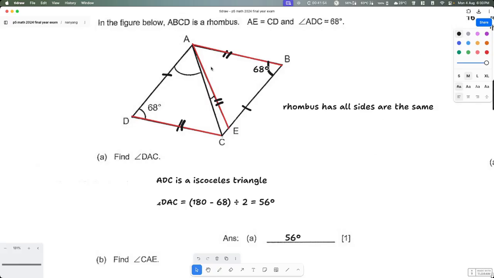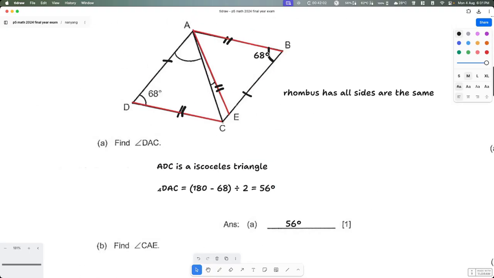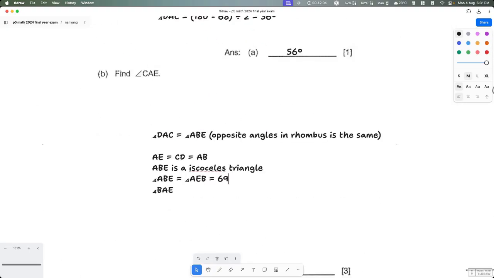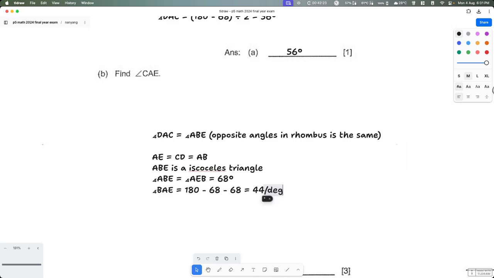Angle BAE, we know these angles are 68 degrees, right? So angle BAE is equal to 180 minus 68 minus 68, right? This will give us 44 degrees.